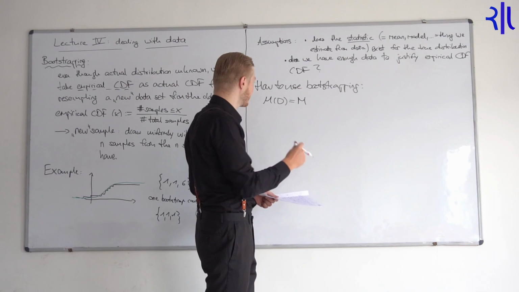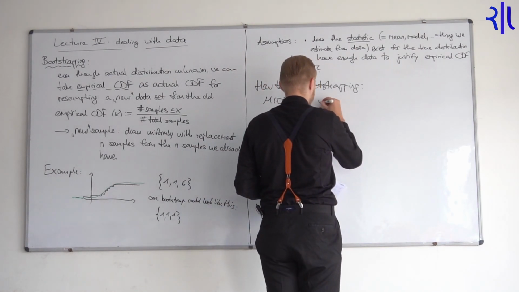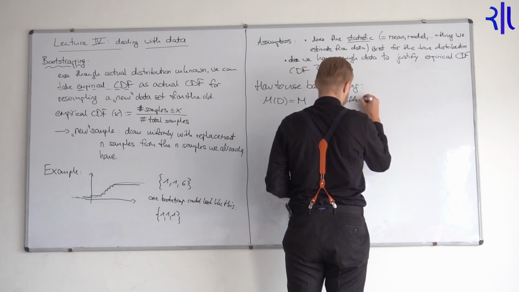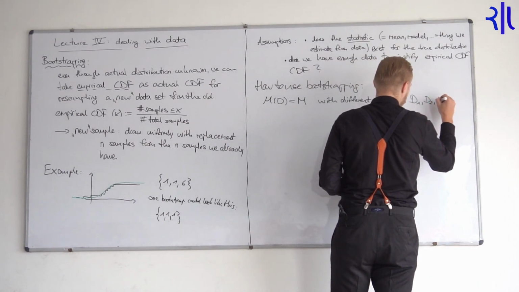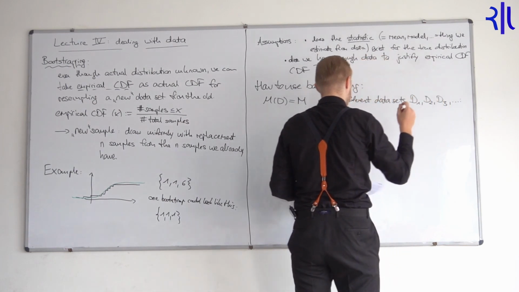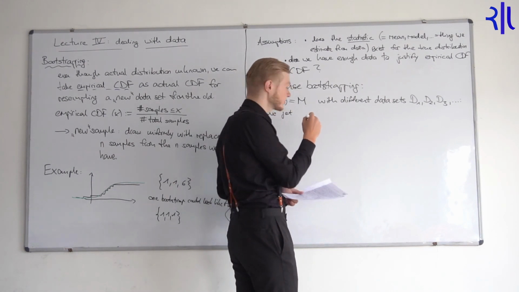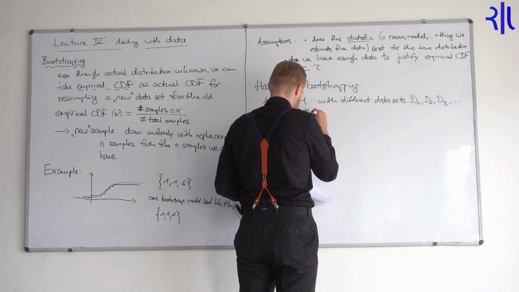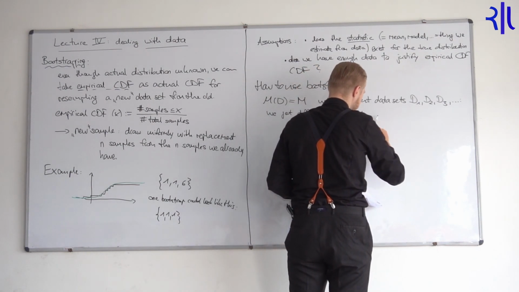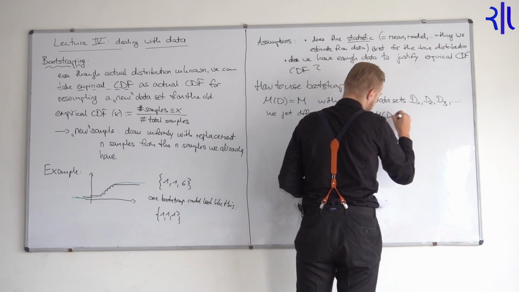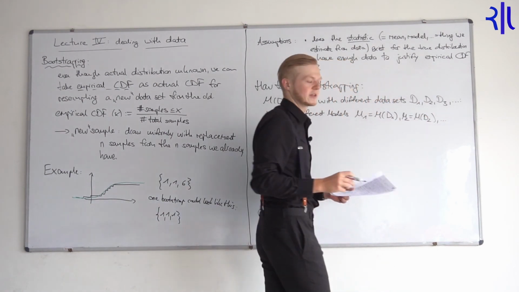That means that when we have different data sets, let's say data set 1, data set 2, data set 3, we get different models and different predictions, maybe, corresponding to each of the data sets.